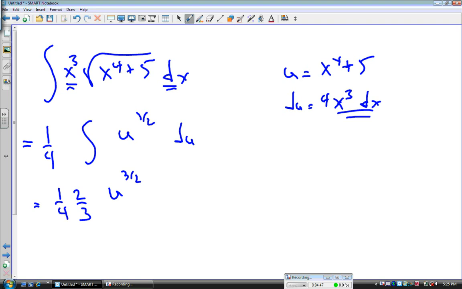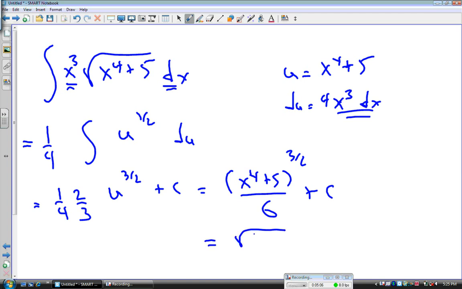Don't forget there's the 1/4, plus c, but 2 into 4 goes 2, and 2 times 3 is 6. So I'm going to say that's u, which is x to the 4th plus 5, to the 3/2 over 6 plus c. And if you like radical notation, I guess that's the square root of x to the 4th plus 5 cubed in the radical, and not in the radical, 1/6 out front, plus c. All right, how's that?